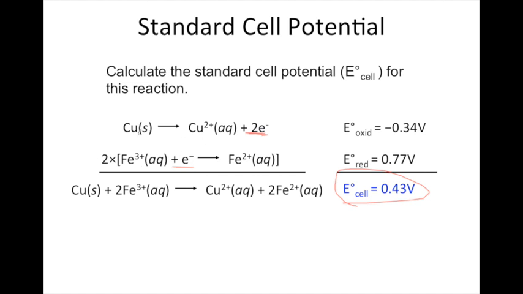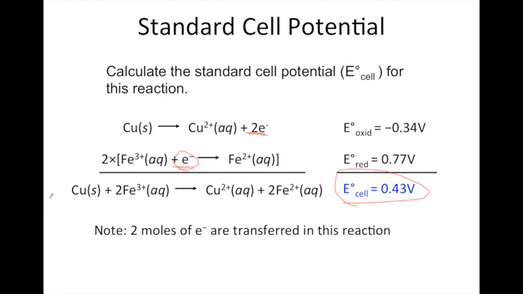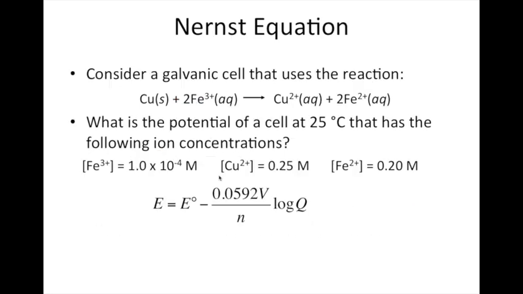Copper is losing 2, and to balance, I multiply the iron half reaction by 2 so it gains 2. This tells me that there are 2 moles of electrons being transferred, 2 being lost and 2 being gained on the iron half reaction. So I need that information also.